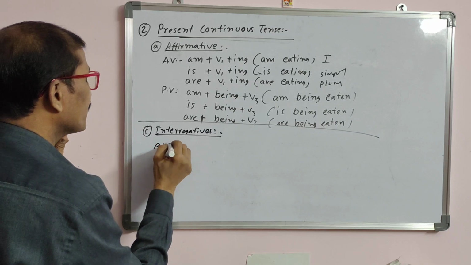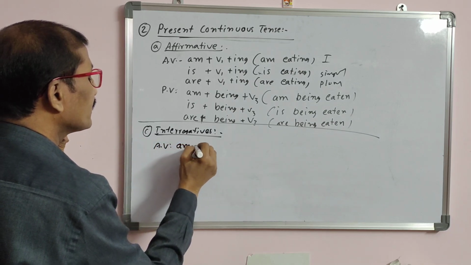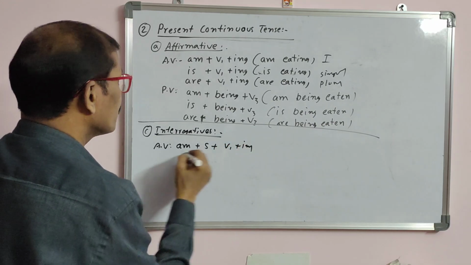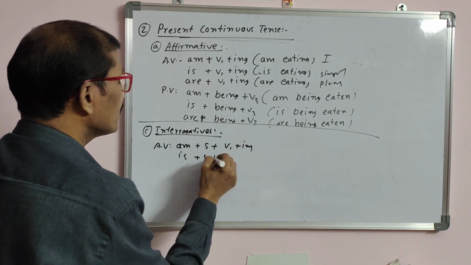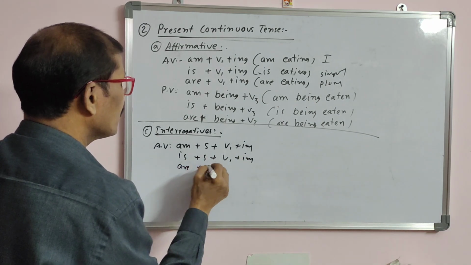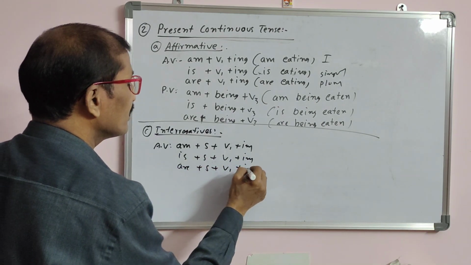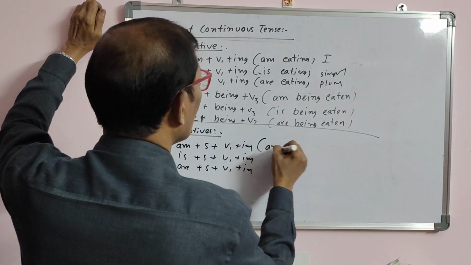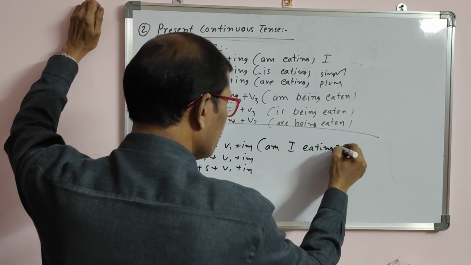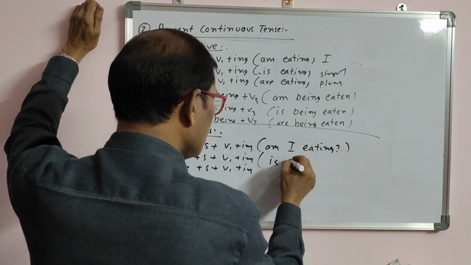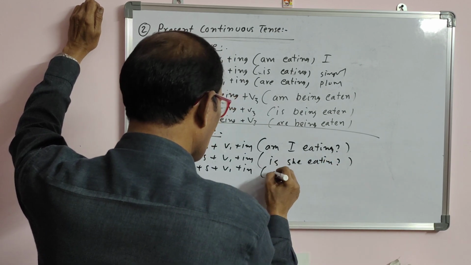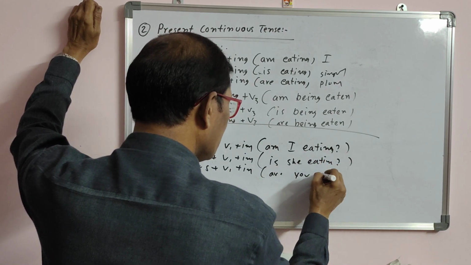Active voice: am plus subject plus V1 ing, is plus subject plus V1 ing, are plus subject plus V1 plus ing. Examples: Am I eating? Is she eating? Okay. Are you eating?